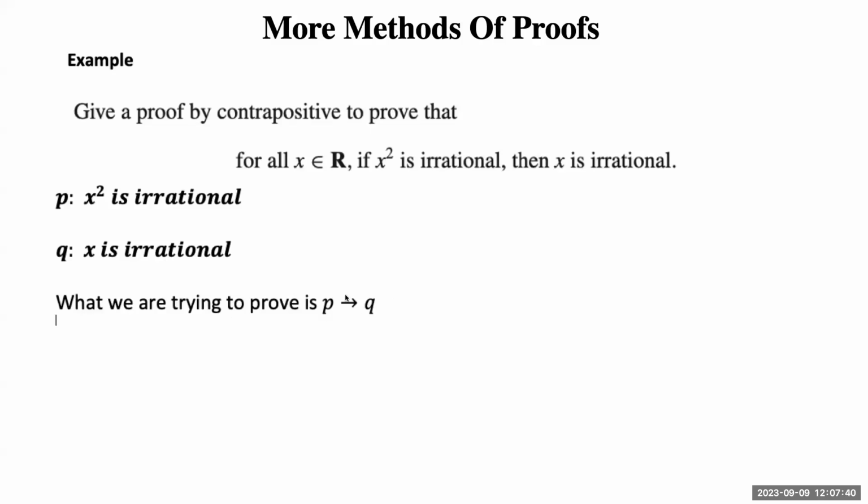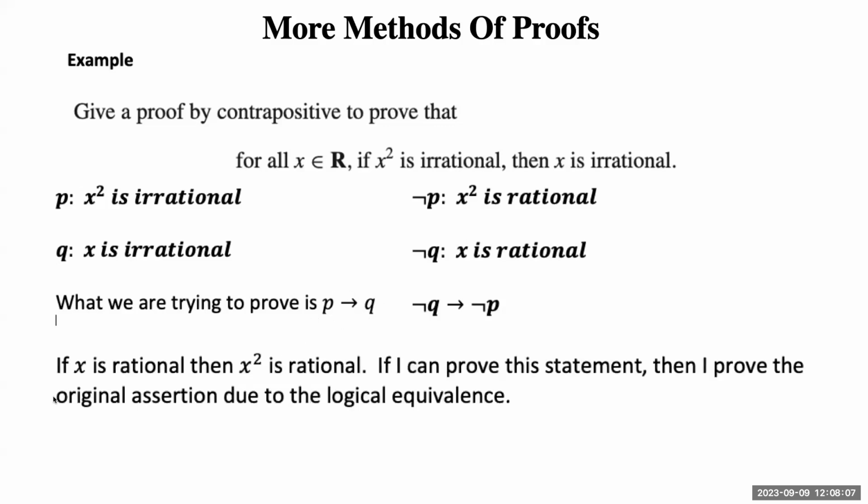What we're trying to prove is P implies Q. Notice the negation of P is x squared is rational, and the negation of Q is x is rational. If I can prove negation of Q implies negation of P with direct proof, then by logical equivalence, I've proved the original. So if x is rational, then x squared is rational. That's the contrapositive, and this is the statement we're going to prove.